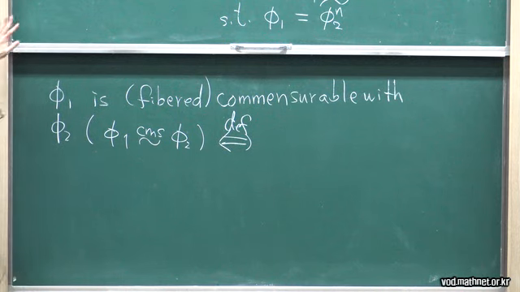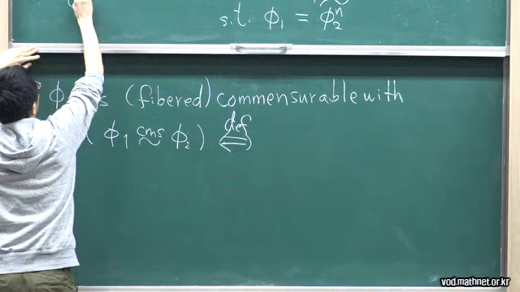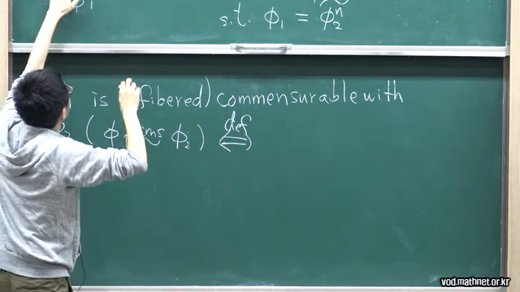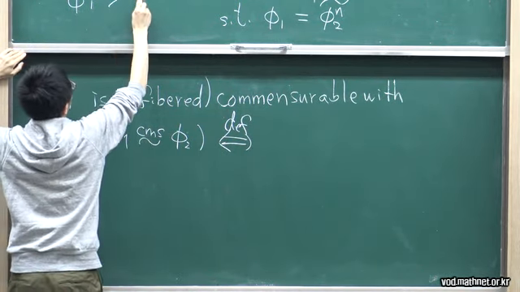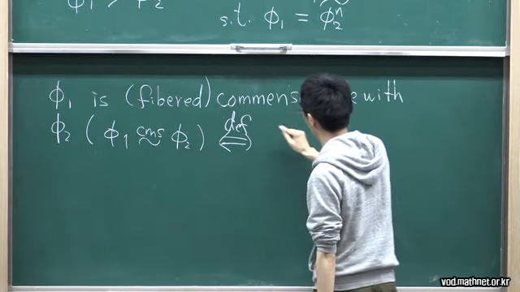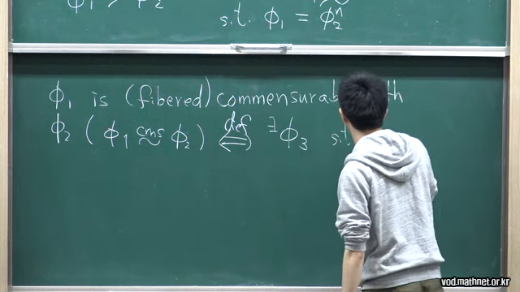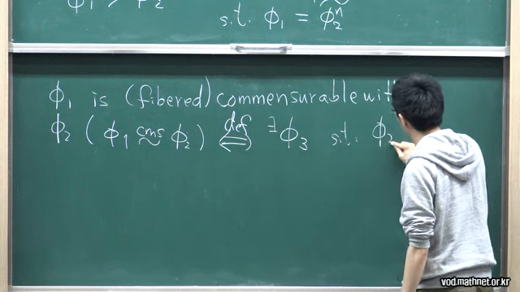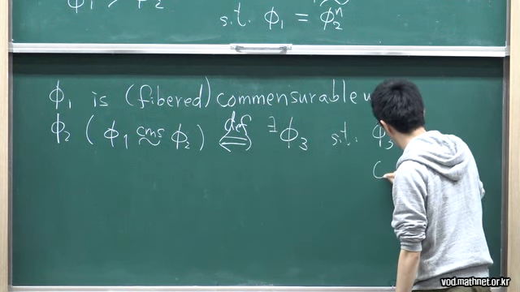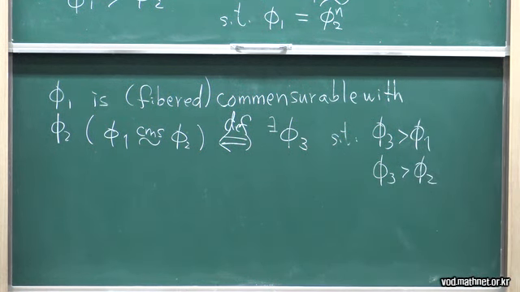Since we are thinking about an order given by this covering relation, I will denote that if phi_1 covers phi_2, then phi_1 is greater than phi_2. So if we can find a third mapping class such that phi_3 covers both, yeah, this is the natural covering commensurability.